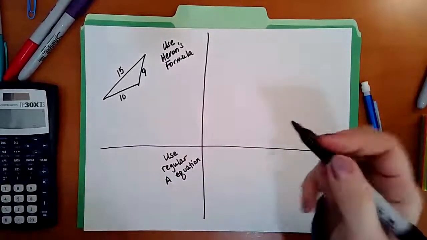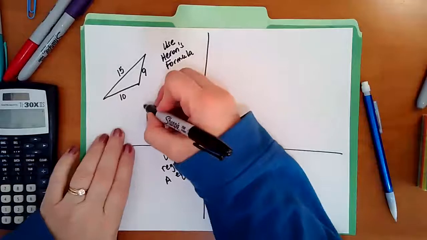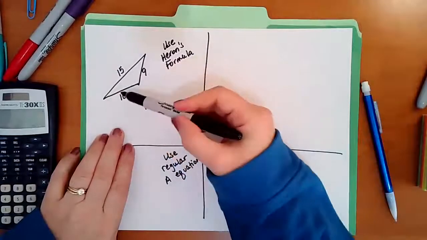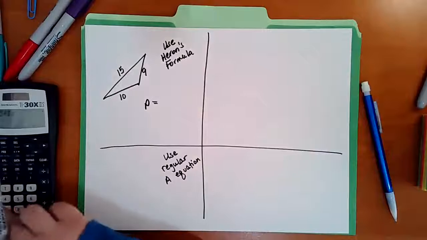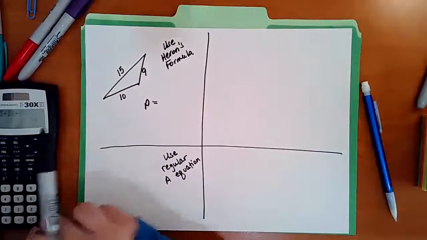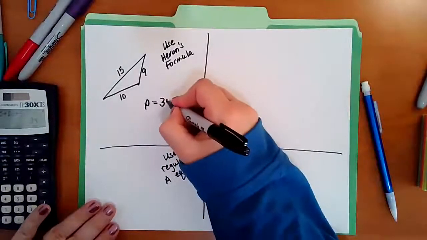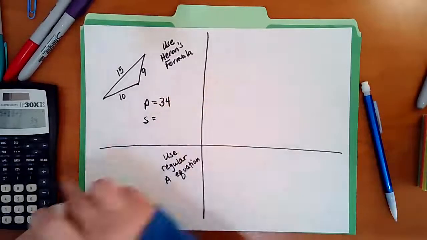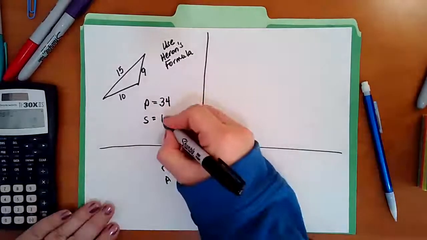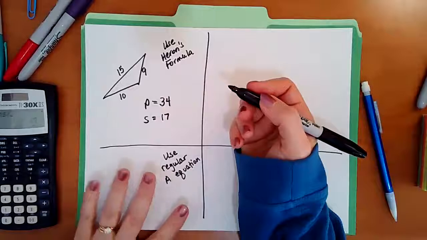So let's do it. So here, what is our perimeter? Well, our perimeter would be 10 plus 15 plus 9, which I have not had a Diet Coke yet today, so that is hard math for me. So my perimeter is 34 units. And so my semi-perimeter would be half of that, which is 17 units.